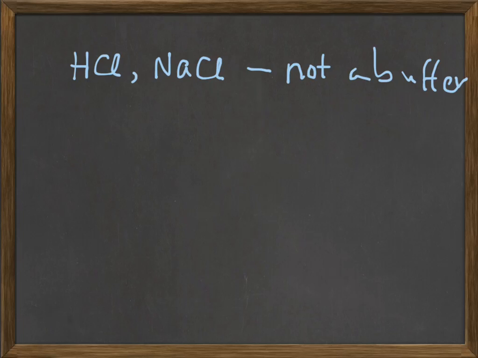Think of something. What if we had HF and potassium fluoride? Is that a buffer system? Well, first ask, is HF a weak acid? Yes, it is. Is this the salt of its conjugate base? What does HF do?